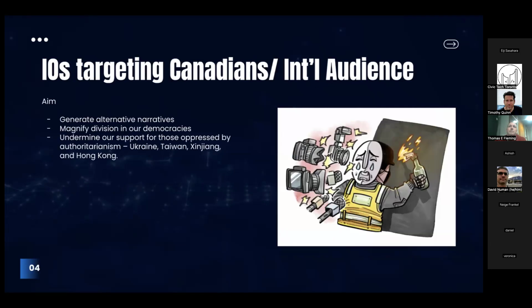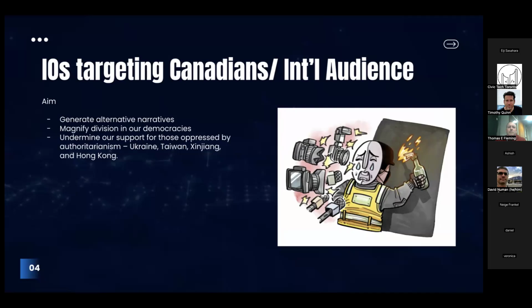The other agenda is to generate alternative narratives and to magnify division in our liberal democracies. On the left-hand side is also a meme from the Global Times, a Chinese state media agency. This is a picture from the pro-democracy protest in Hong Kong in 2019. They basically say that the protesters are actually CIA agents, rioters trying to destroy the city.